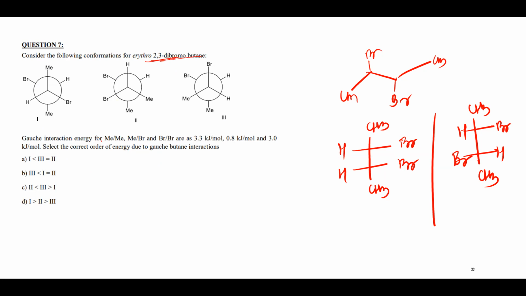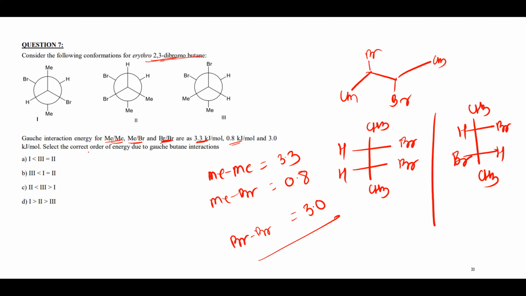The gauche interaction energies for Me-Br, that is methyl-bromine, are 0.8, for Me-Me it is 3.3, and for Br-Br it is 3.0 kilocalories. Select the correct order of energy due to gauche butane interaction.